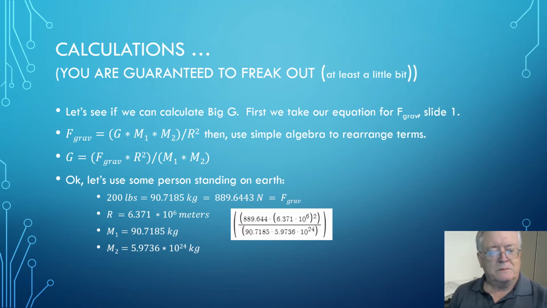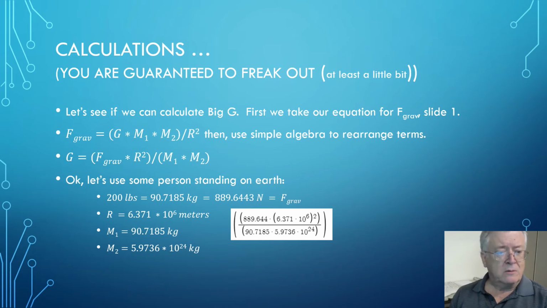So that's kilograms, and we want to convert that to newtons. Newtons is the SI measurement for force. When I convert it to newtons, I get 889.6443 newtons. And that is equal to the force of gravity. So we all know that weight, pounds, is a force of gravity.